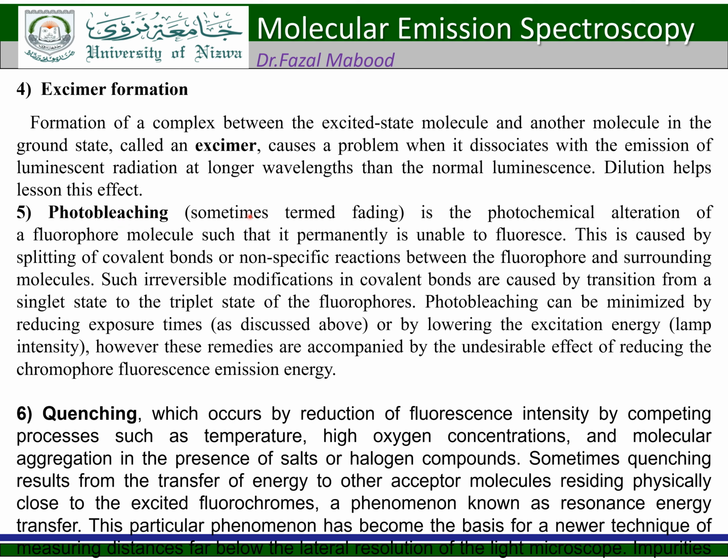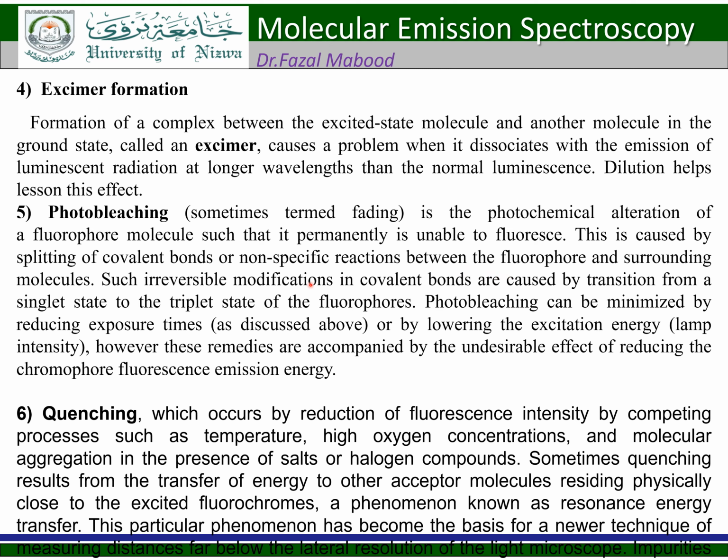Photobleaching, sometimes termed fading, is the photochemical alteration of a fluorophore molecule such that it is permanently unable to fluoresce. This is caused by cleavage of a covalent bond or non-specific reaction between the fluorophore and surrounding molecules.